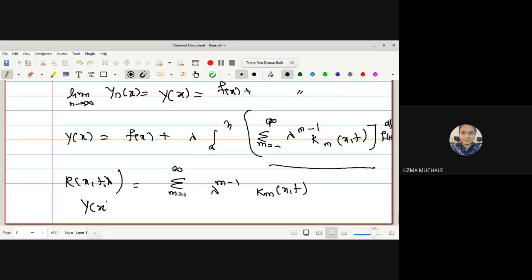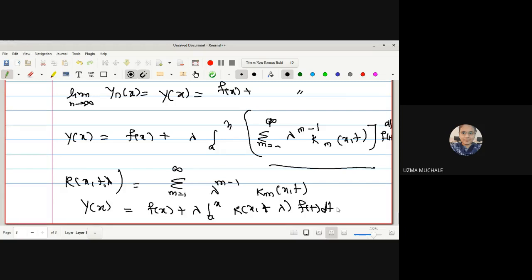Hence we can have the solution by using the iterated kernel, given by y of x is equal to f of x plus lambda, integration a to x, r of x, t, lambda, f of t dt.